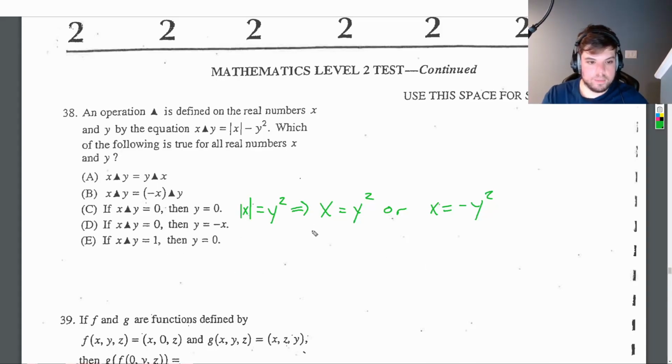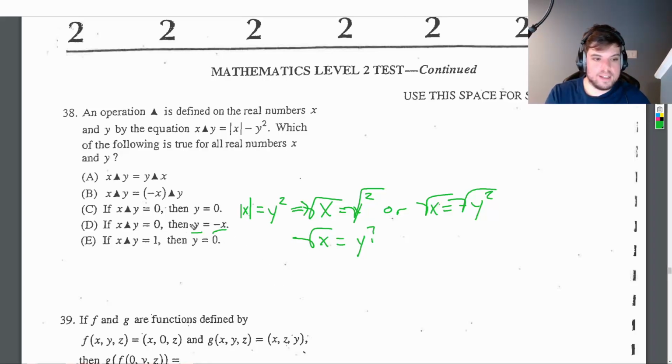Not y equals negative x. No. Here, to get a plain old y, we'd have to take the square root of these, and we'd end up taking the square root of the x. So the square root of x equals something with y's, but not just negative x. So that's not going to work. No.